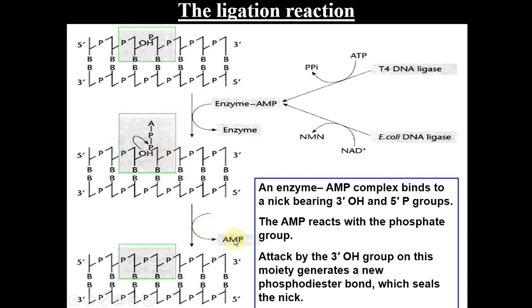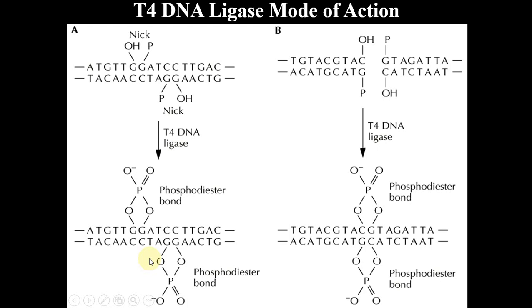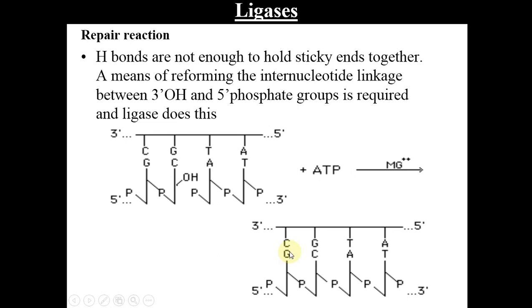Then AMP is released, and the enzyme joins the two DNA strands together by forming a phosphodiester bond. The same reaction is given here. This is in a repair reaction, where a nick or gap is present, and the enzyme joins the 5' phosphate and 3' OH.